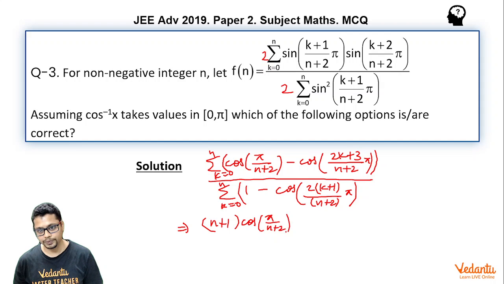minus. Now here it is again a cosine series, the formula of which we have just now seen, where the angles are in AP.